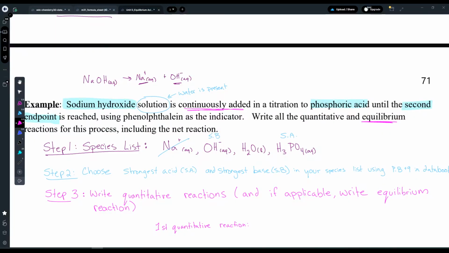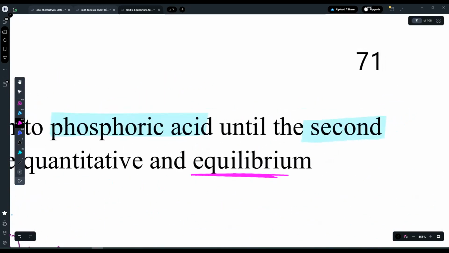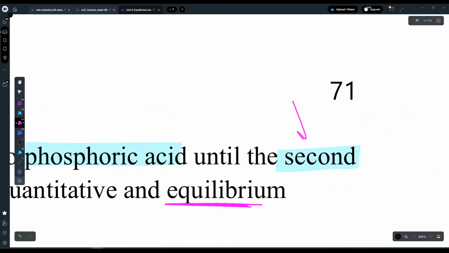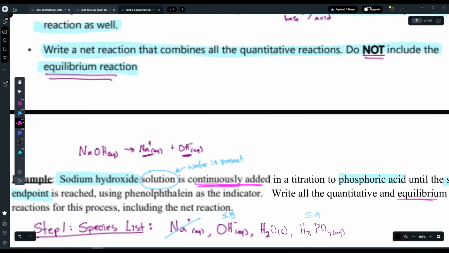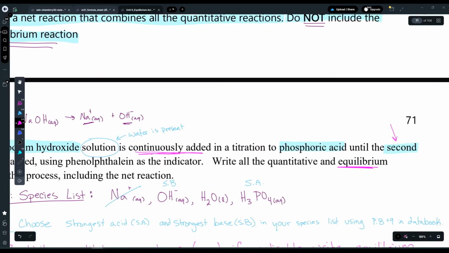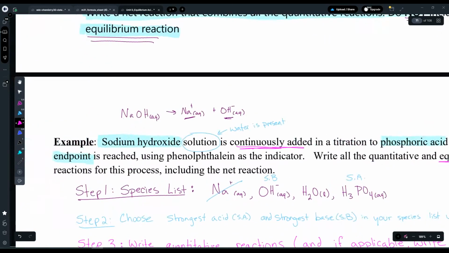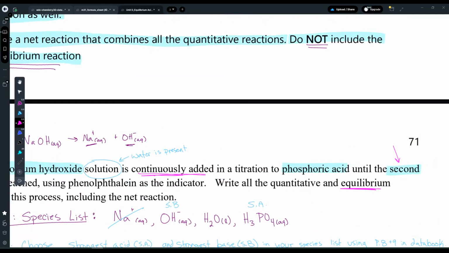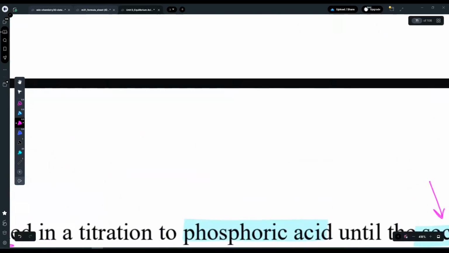So what this means is we're going to write 2 quantitative reactions. How we know we're only writing 2 is because the question says that the titration only goes to the second endpoint. So that means we only need to write 2 quantitative reactions.